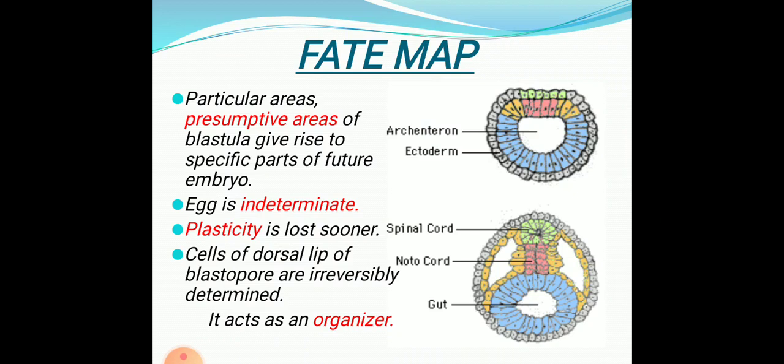Next, the notochordal area lies in front of the macromeres. The main feature of the chordates is the presence of notochord.